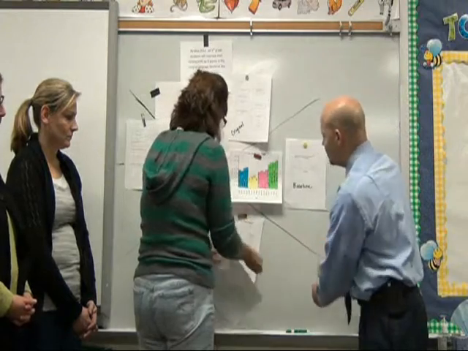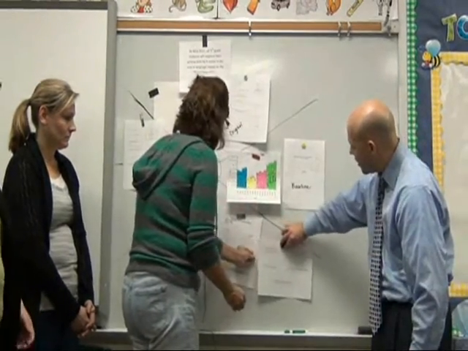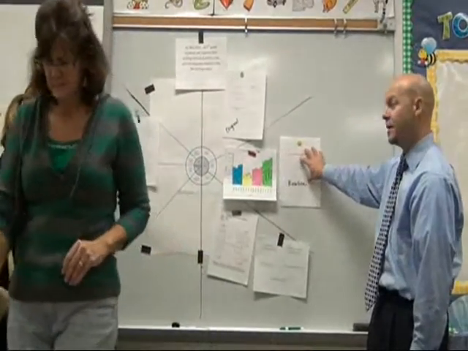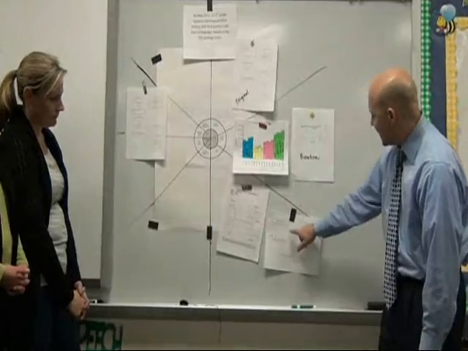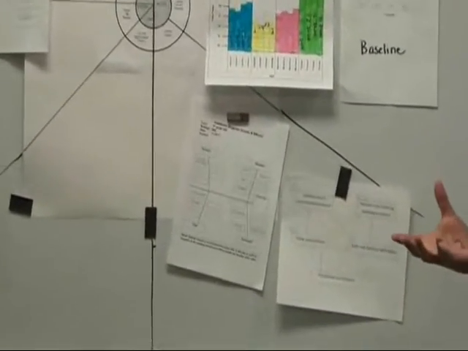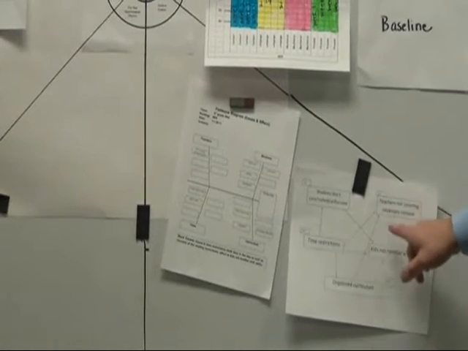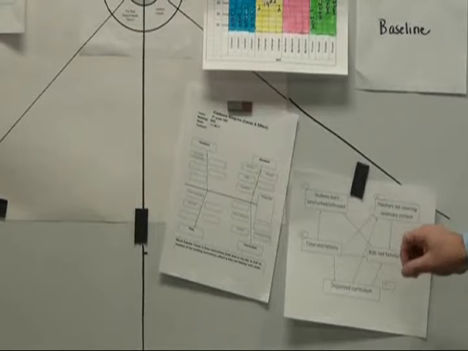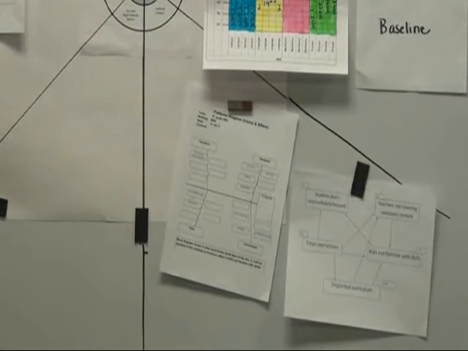Because we wanted to ask the question, what do we think is causing the results that we were seeing here? Out of the fishbone diagram came 5 potential root causes, and we used a relations diagram to say which of these might be influencing or causing the issue, and which might be just effects. Because we know if we don't treat root causes, the problems will continue to come back.